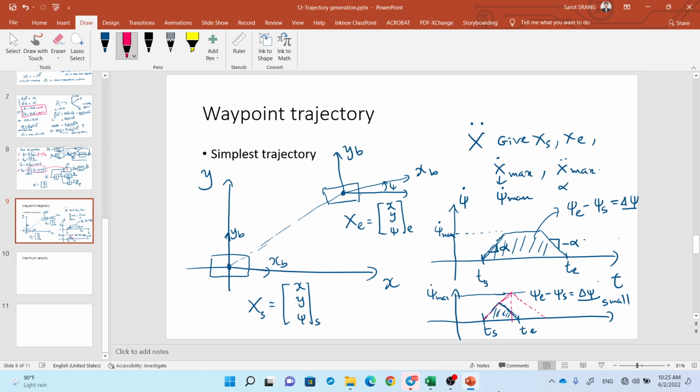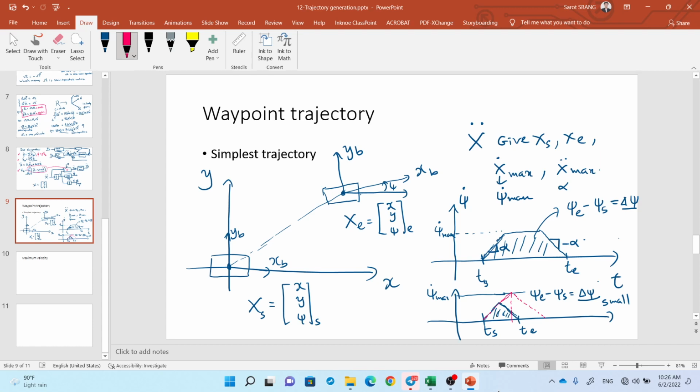You already know the height of the triangle, and you know the slope. The slope is alpha. Or actually, because this is time, you need to know information of time. So you need to write down the acceleration equation.